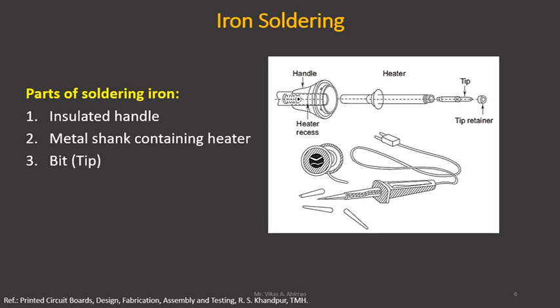Then a heater, which is electrically heated, will provide heat up to the melting point of the solder metal, and that heat will be carried up to the tip or bit of the iron. Depending upon the different joints and metals to be soldered, the different solder metals used and the fluxes, different wattages of soldering irons are available.